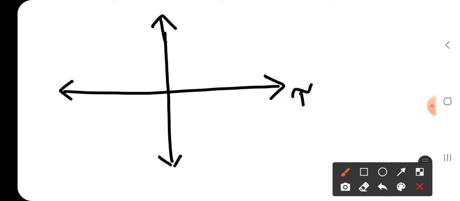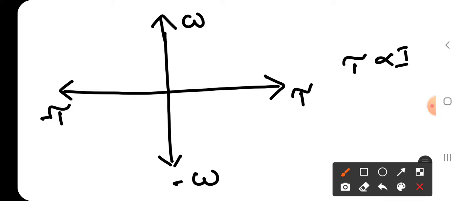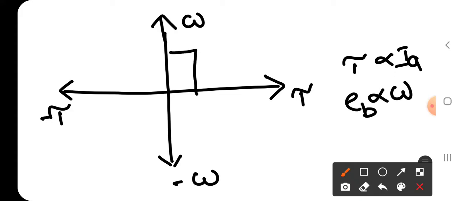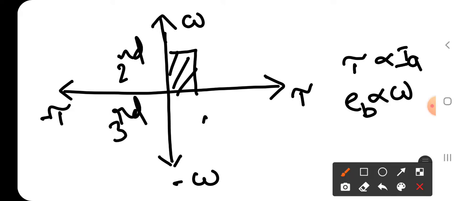On the X axis I will take torque, on the Y axis speed. This is minus torque, minus speed. The torque depends on the current and the back EMF depends on the speed. This is the first quadrant, this will be the second quadrant, third quadrant, fourth quadrant.